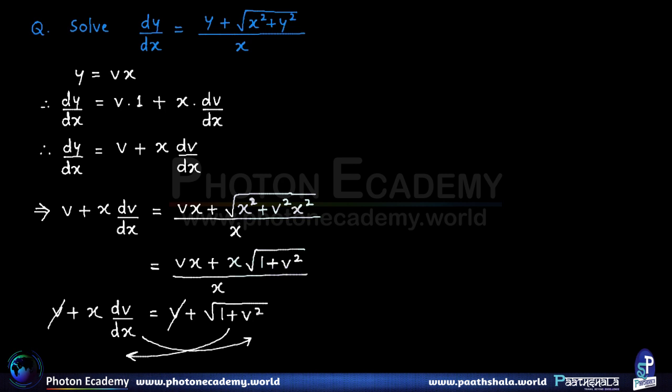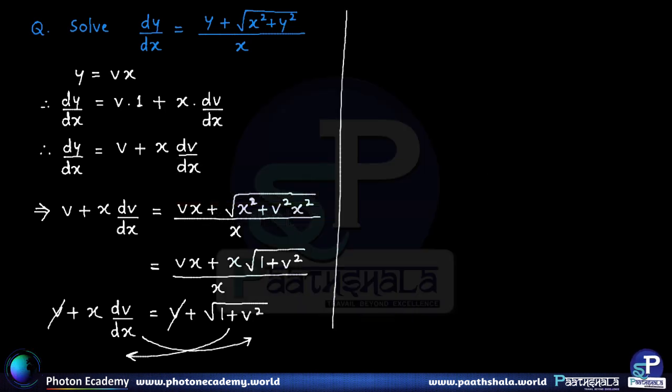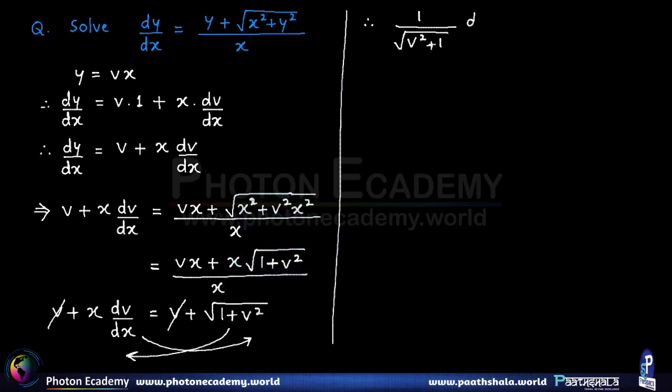So therefore we get 1 upon square root of v square plus 1 dv is equal to 1 upon x dx.